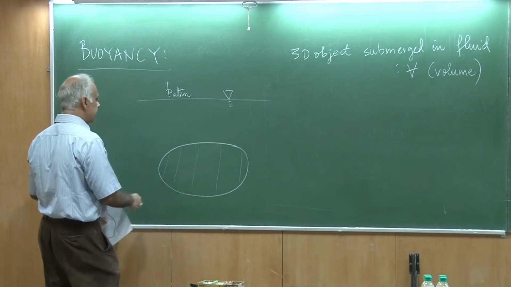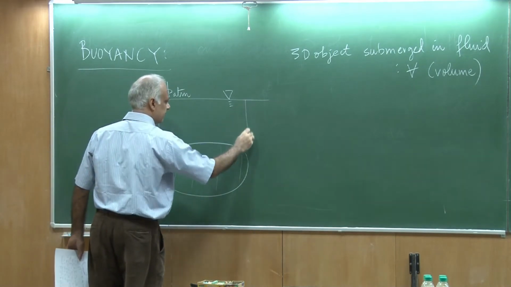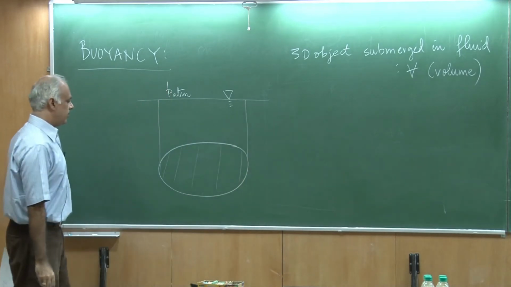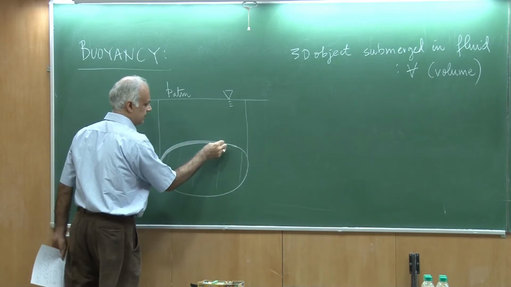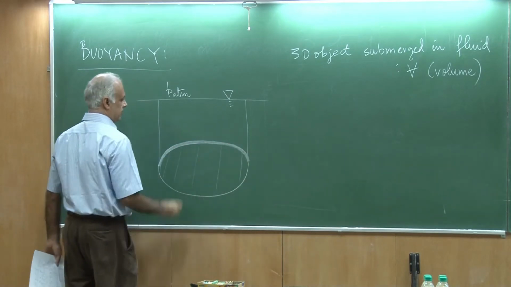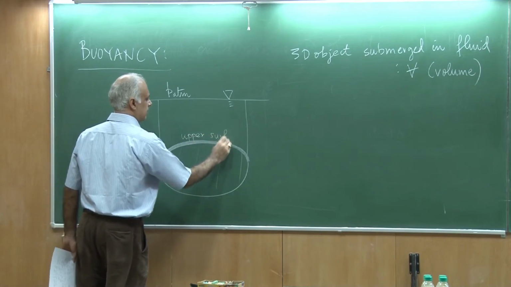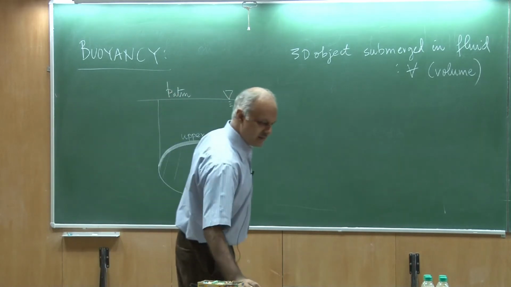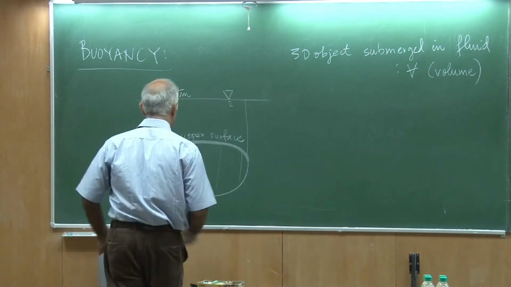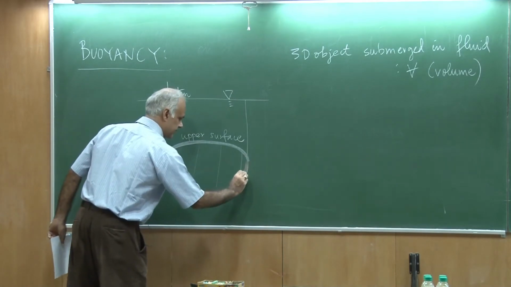I am going to break this into two parts. So there is an upper surface of this body, this is the upper surface, and I am going to talk about a lower surface.